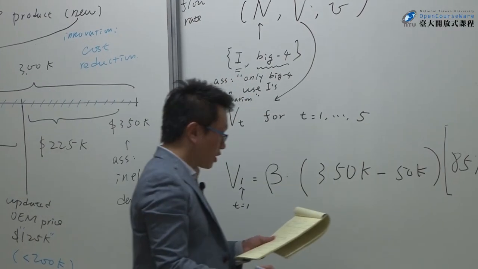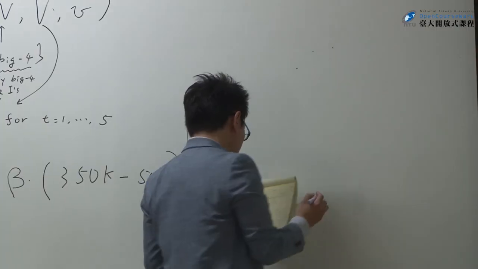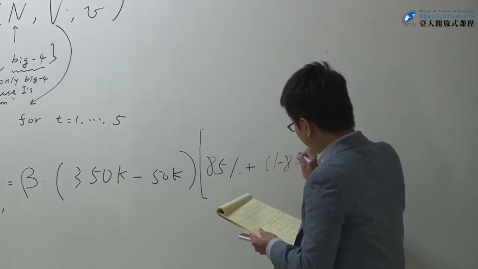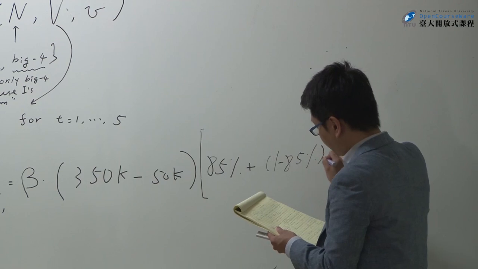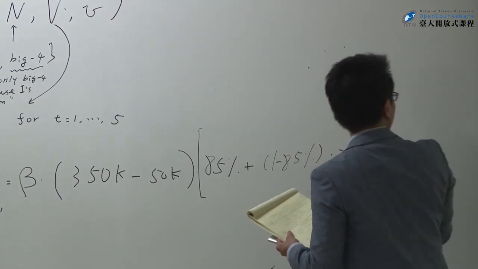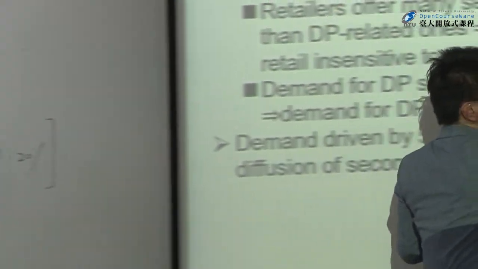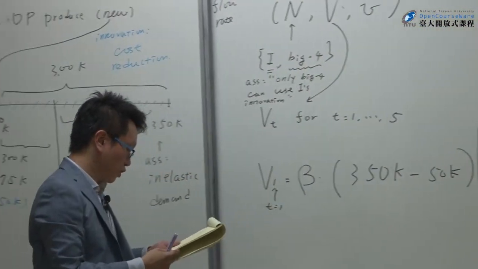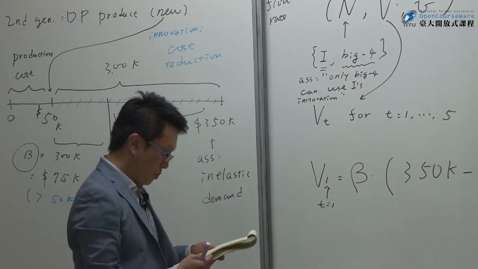If only Big Four can use the innovator's innovation, in this case, the rest of the market share is 15% times the 20% switch rate. Year 1's unit demand will be 700. I finished the calculation of capital V for year 1.